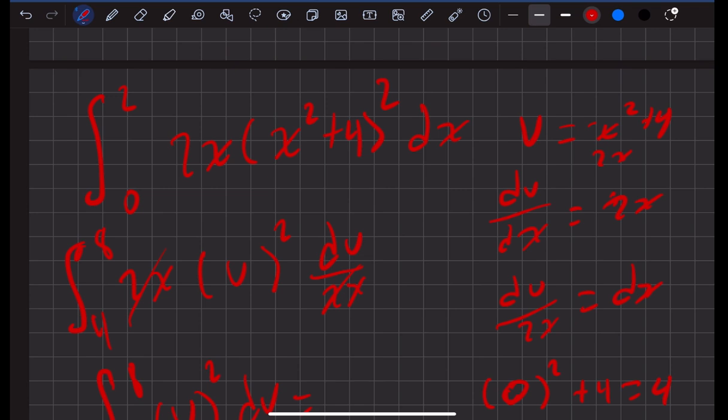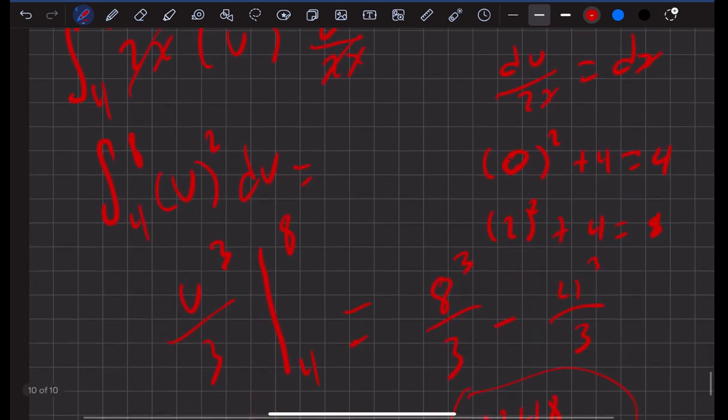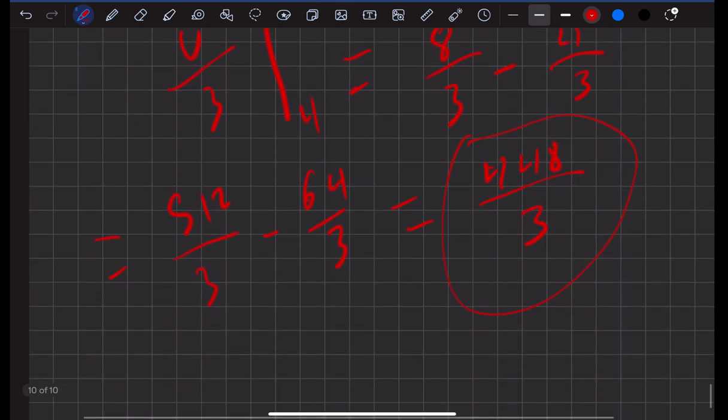That's the ease and simplicity of using u sub to solve a lot of these calculus equations that seem very daunting and difficult using normal methods, like finding antiderivatives and solving for potentially hundreds of different equations going from 0 to 2, or even higher, from 0 to a million, or whatever it is. We can find it a lot easier with this method and do a lot less work than we would otherwise need to.